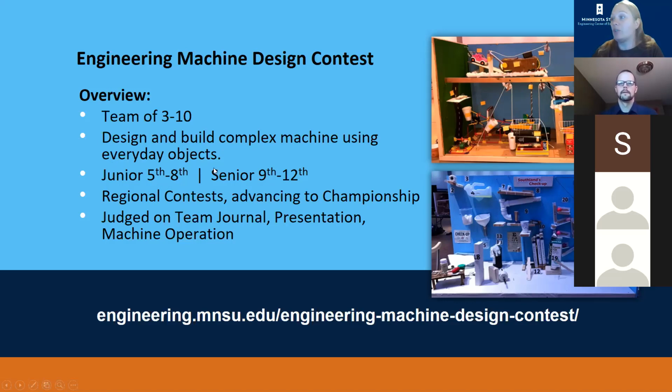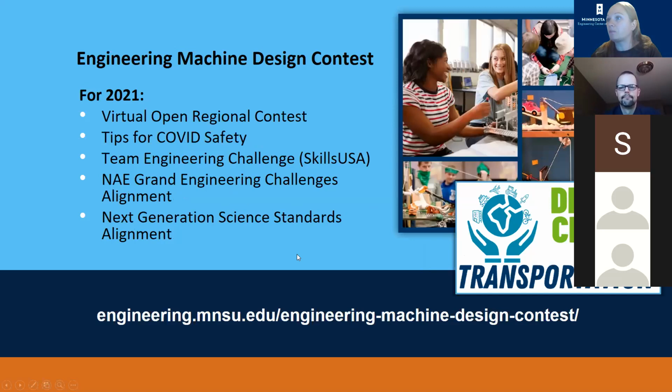Students compete at a regional level, and then they can advance to a multi-state level or championship. They're judged on an engineering journal, a presentation, and how their machine operates. This is similar to a Rube Goldberg type of machine, and we really focus on the learning and the life skills that students work through, and not so much the whimsical aspects of a machine they might create.